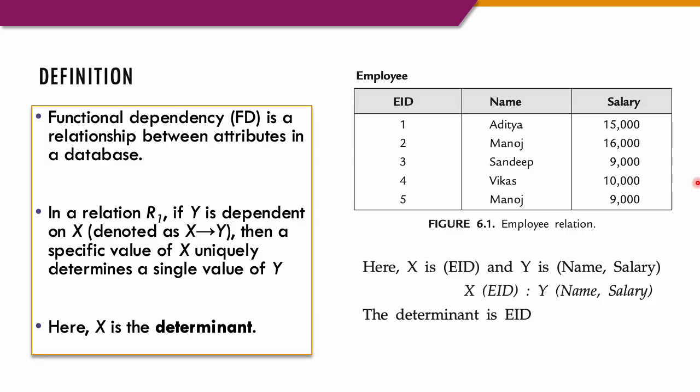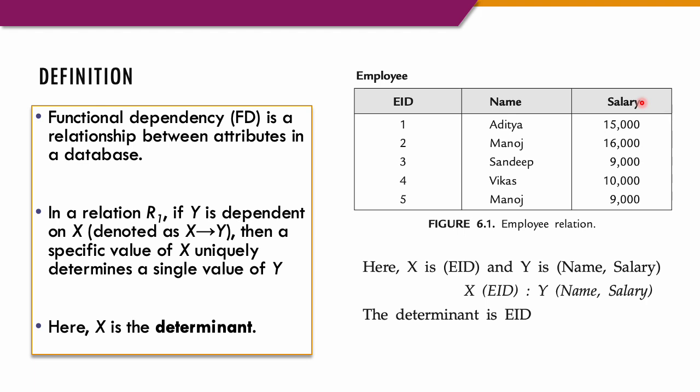I believe that you are still confused about this. So let's check the employee table over here. In the employee table, we have employee ID, which uniquely determines the employee name and salary, of course.